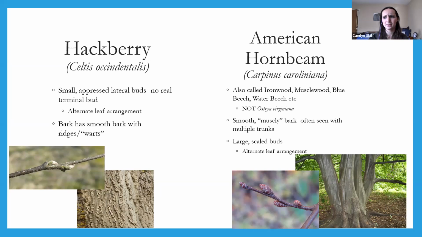I don't know that I've seen an ironwood with a single trunk before, or at least I haven't noticed it. Almost always I've seen them with multiple trunks. You can see those buds are really large and they have that very distinctive scaling. And again, they are alternate, but the hackberry and ironwood are the ones that I most often notice by their bark before anything else.